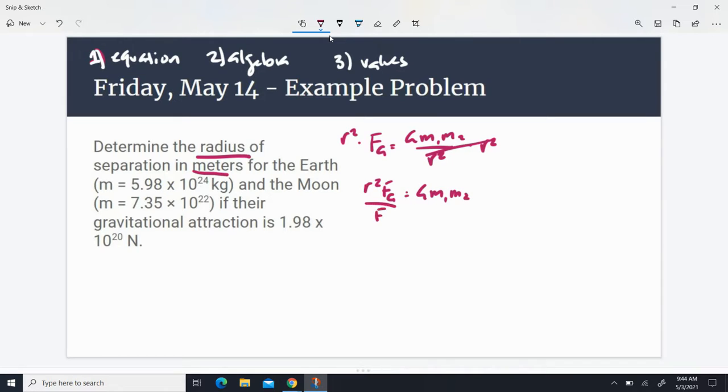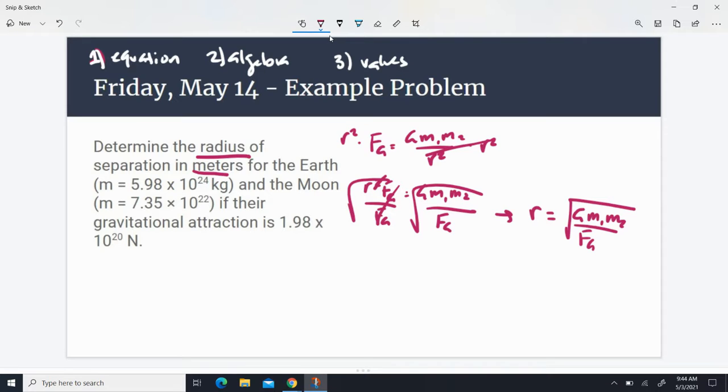I want to divide by Fg on both sides. Now I'm left with r squared, but I need to get r by itself, so I'm going to do a square root of both sides, and that's going to cancel the squared. So I'm going to be left with r is equal to the square root of G m1 m2 over Fg.